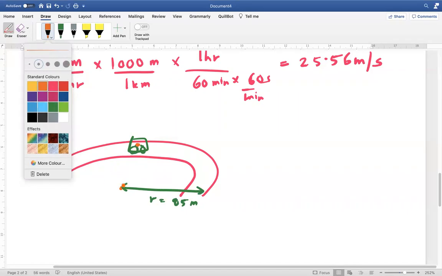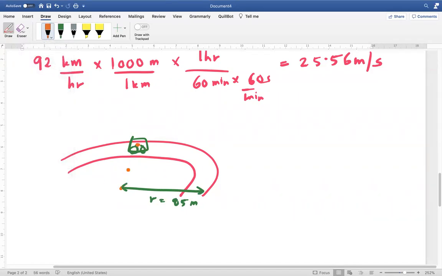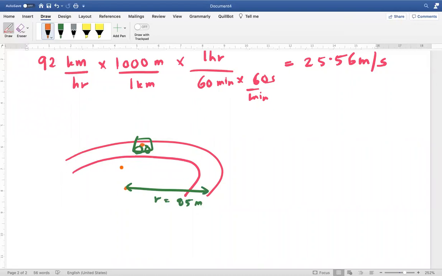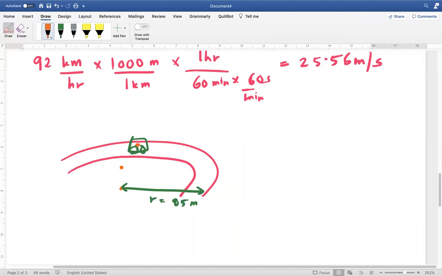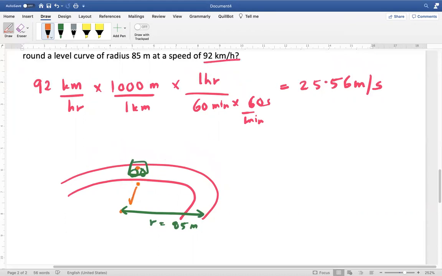The center of the circular motion is here, which means my centripetal acceleration also points towards the center of the circle. Use your own judgment in drawing, but this one is towards the center. Okay, that is my AC.